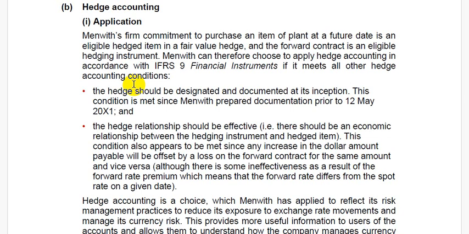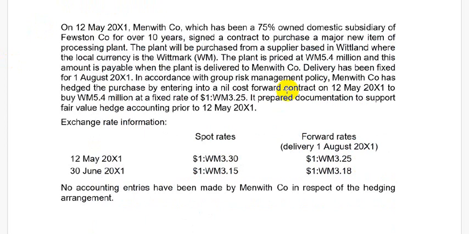Menwith can therefore choose to apply hedge accounting in accordance with IFRS 9 Financial Instruments if it meets all other hedge accounting conditions. We've looked at the accounting conditions, the documentation, which we are told in the question that Menwith did prepare to support the fair value hedge accounting.